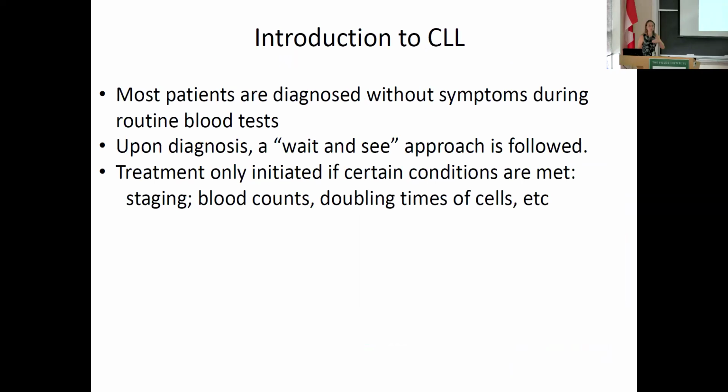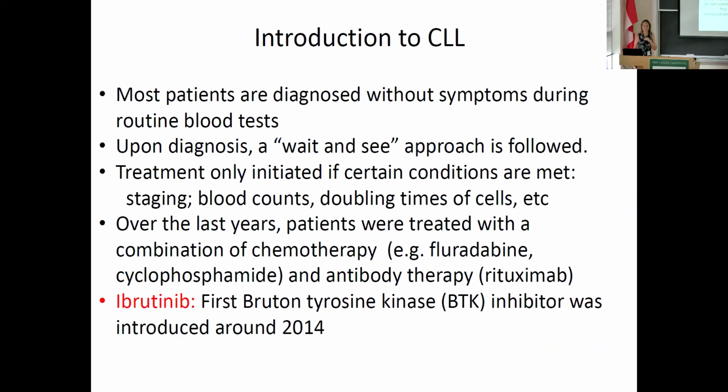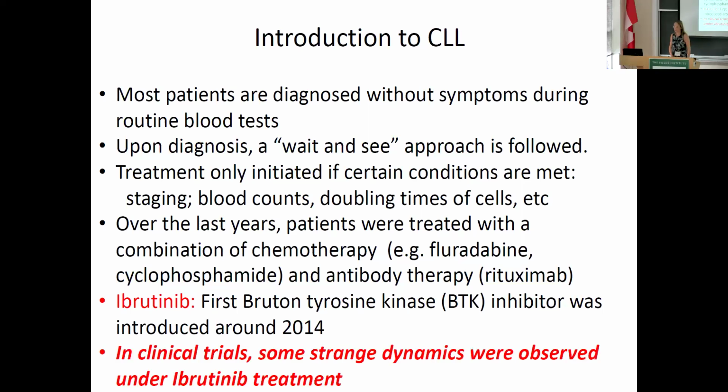And then when some clinical conditions are met, like something triples within a certain duration of time, treatment starts. So traditionally, patients were treated with a combination of chemotherapy and antibody therapy until the drug ibrutinib was invented in 2014. That's another small molecule inhibitor, this specific targeted drug.